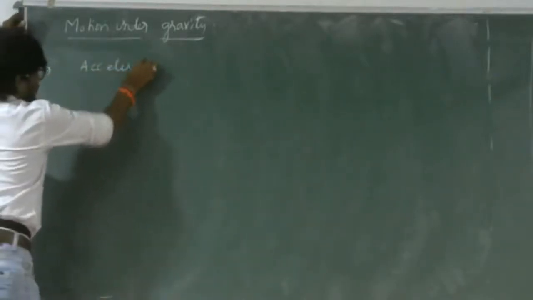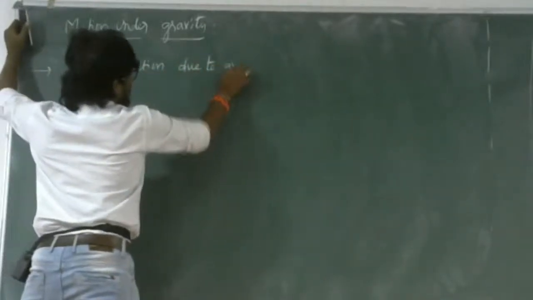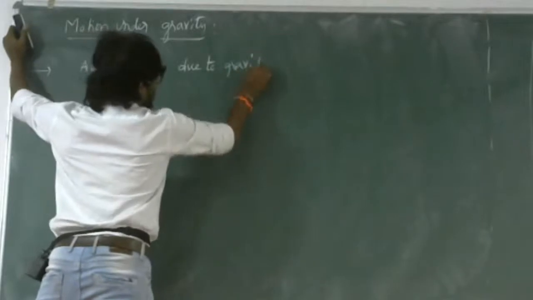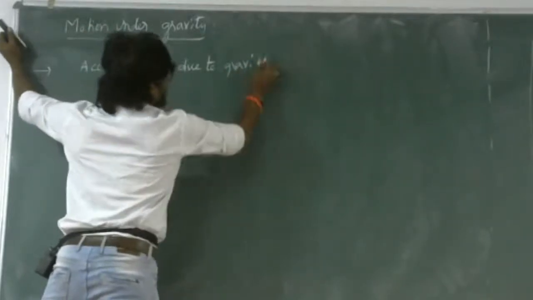Now, we have to remember a few points. Whenever a body is under the influence of Earth's gravitational influence, we have to deal with g, small g, that is acceleration due to gravity. Acceleration due to gravity means the gravitational force of Earth, denoted by small g.